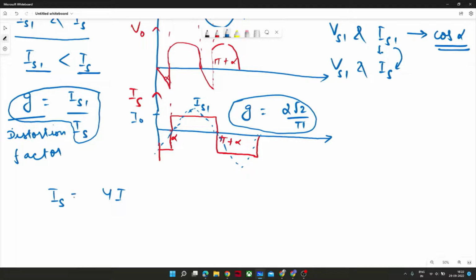IS would be the summation of n equal to 1, 3, 5 to infinity of 4 I naught by n pi sine of (n omega t minus n alpha).